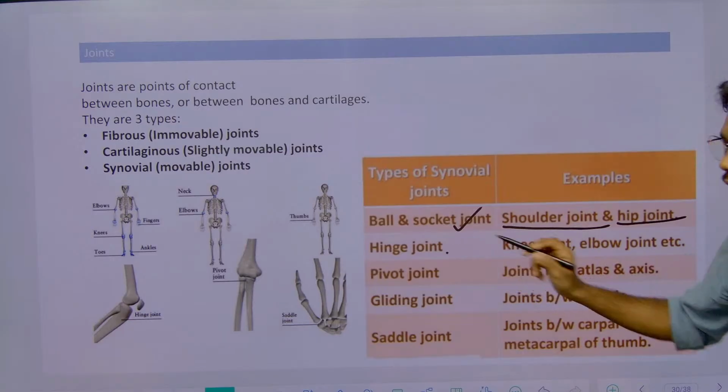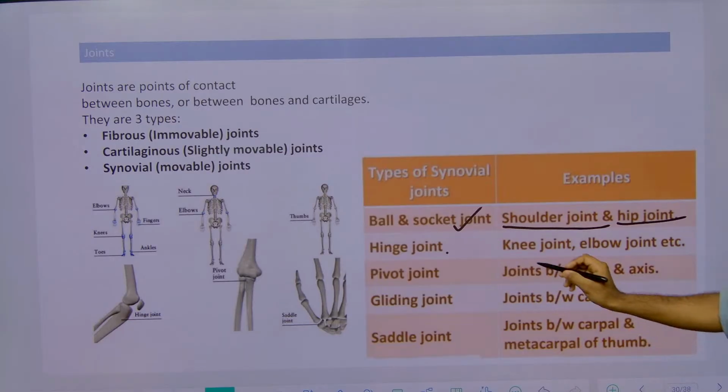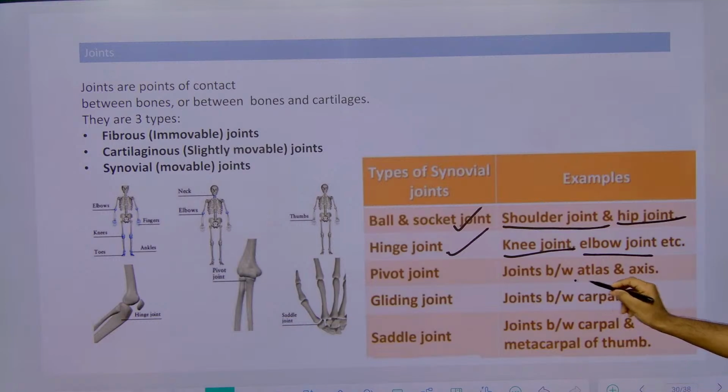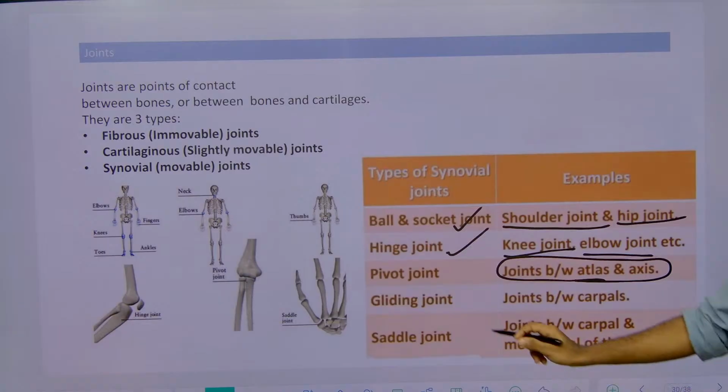Next one is the hinge joint, which is present at the knee and elbow. Next is the pivot joint between atlas and axis. And next is the gliding joint, which is present in carpals.